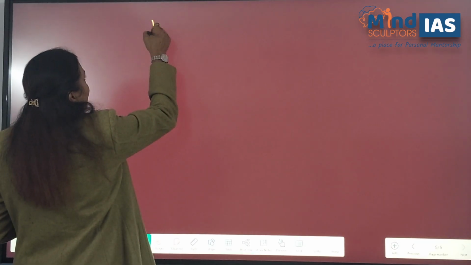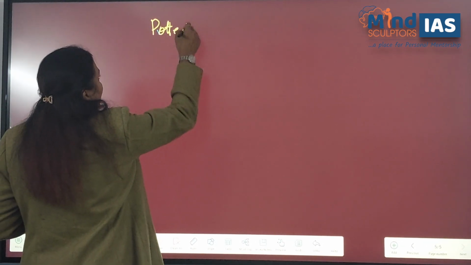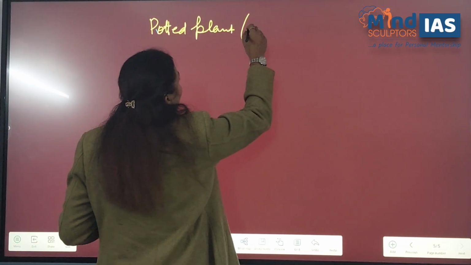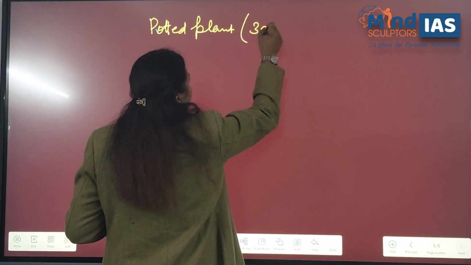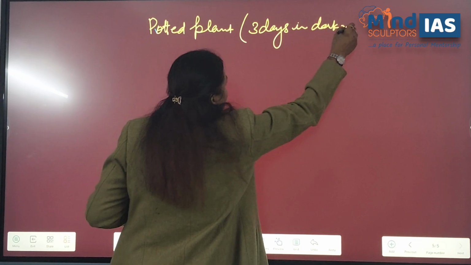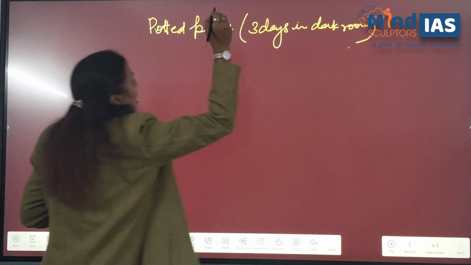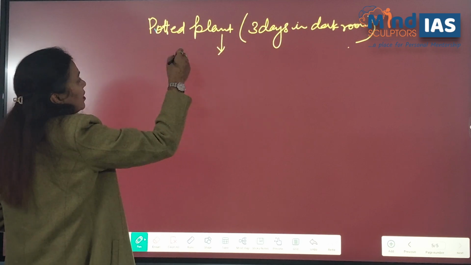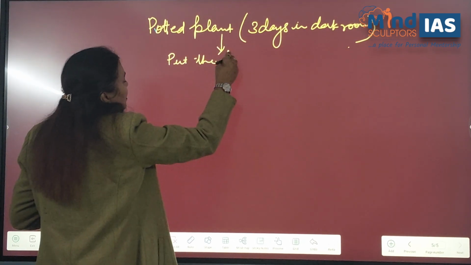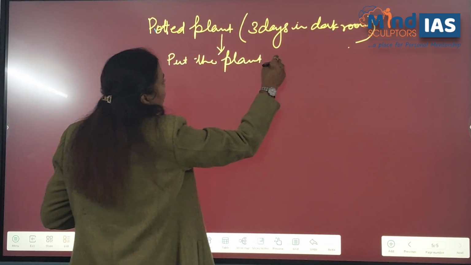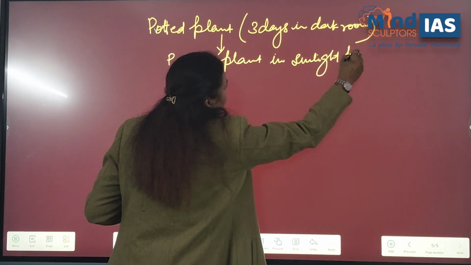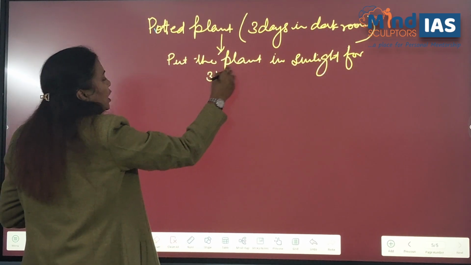They have taken a potted plant and put this plant for 3 days in a dark room. In the next step, they put the plant in sunlight for 3 to 6 hours.